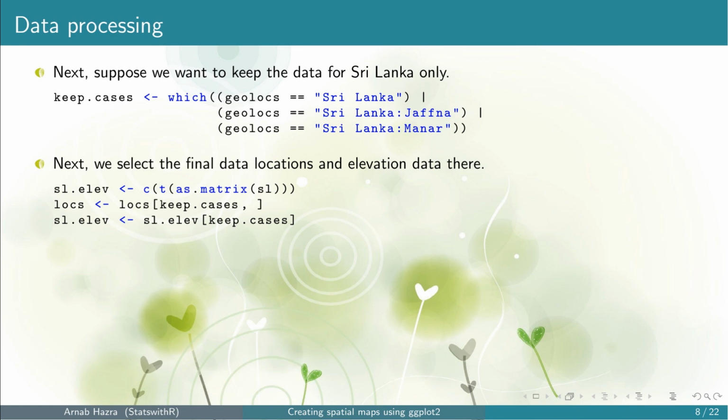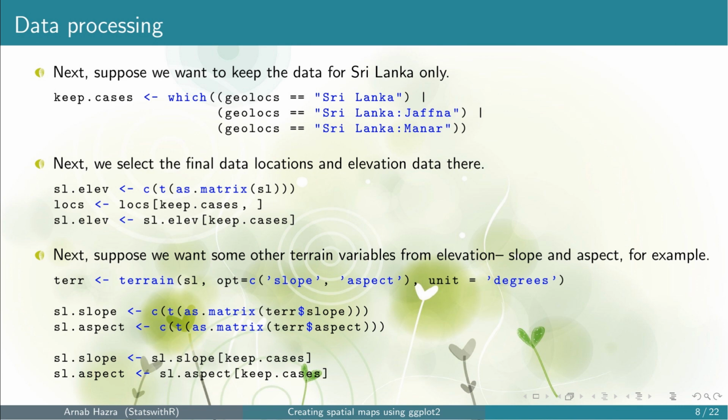Next, along with elevation, other terrain variables like slope and aspect also explain the topography of a spatial region. So we can obtain them from the raster layer SL using the function terrain from the package raster.